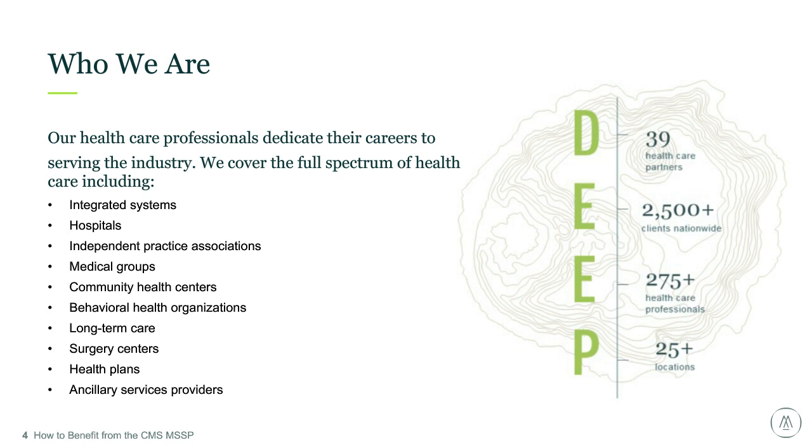All right, our first polling question. What is your organization's current level of participation in CMS MSSP? Your options are A, currently participating, B, considering participation, C, not participating, or D, not sure. I'll give everyone a few moments to respond.